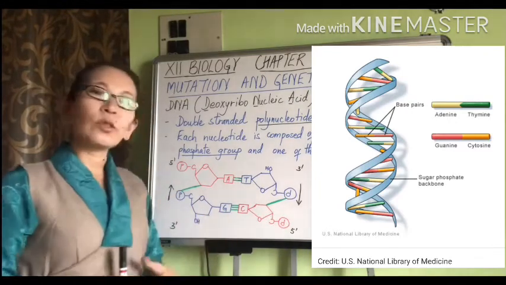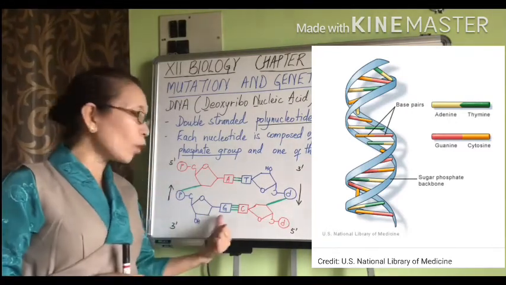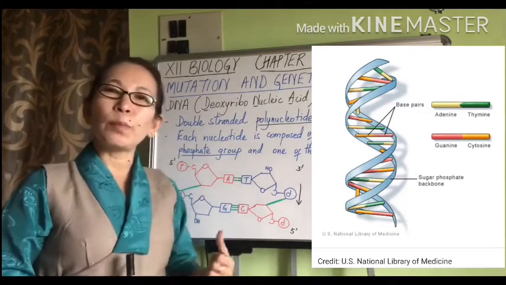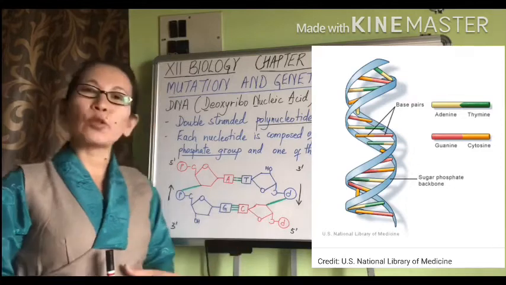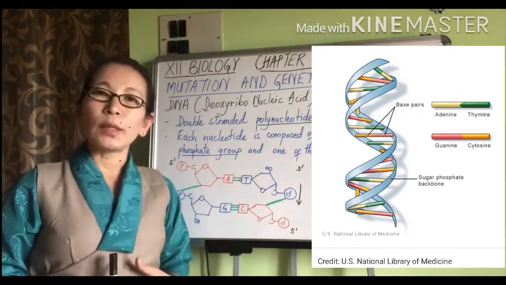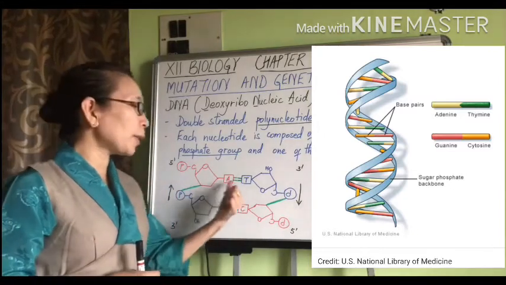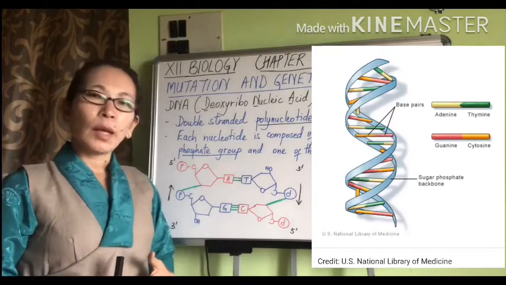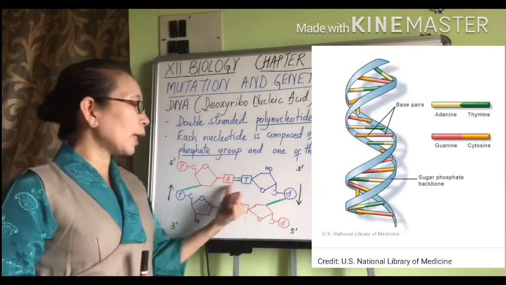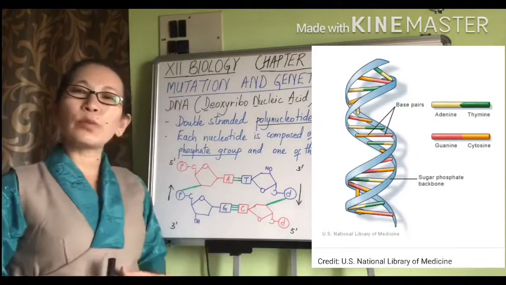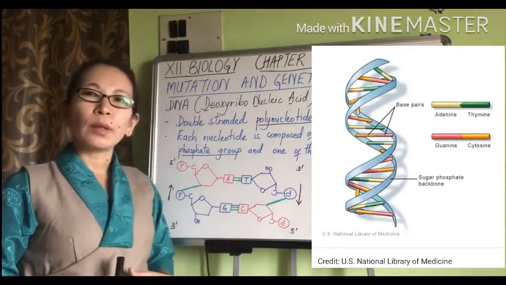Likewise, if one strand has guanine as its nucleotide base, then the opposite strand should have cytosine. So guanine always pairs with cytosine. The base pair rule is A pairs with T, G pairs with C, and vice versa. The number of hydrogen bonds between A and T is 2, whereas between G and C it is 3.